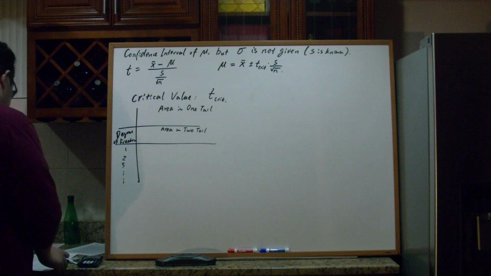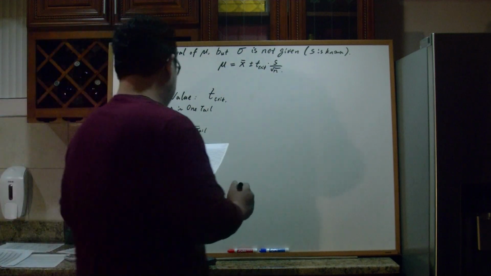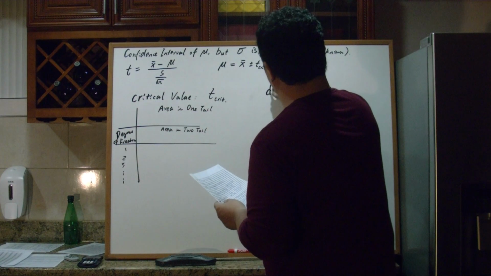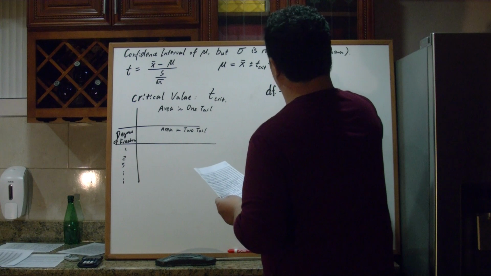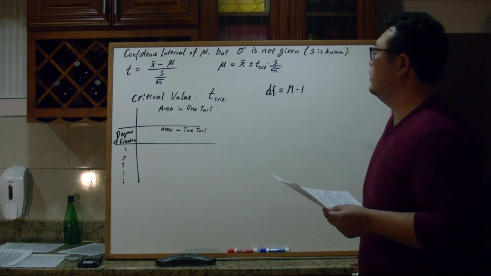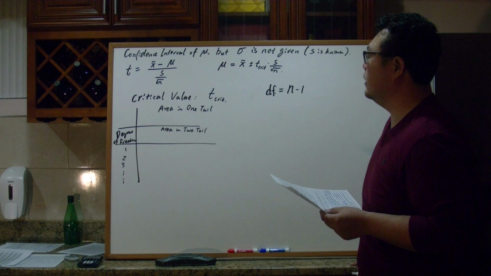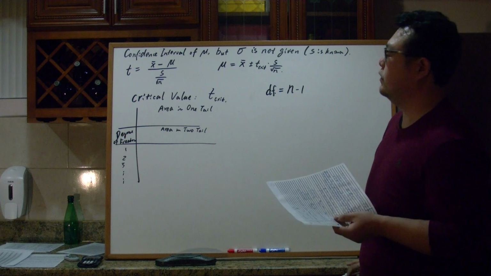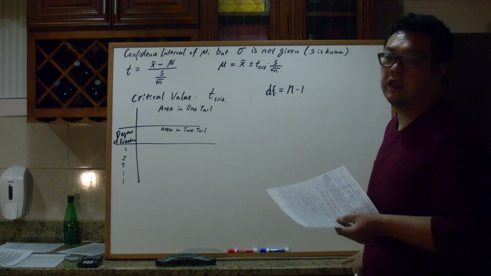So how do we find the critical t-score? First of all, the degree of freedom is n-1.